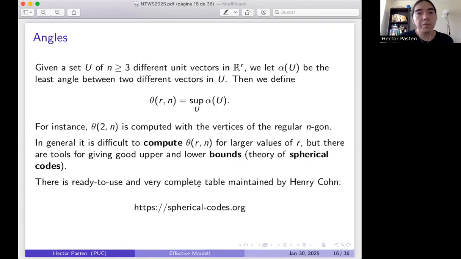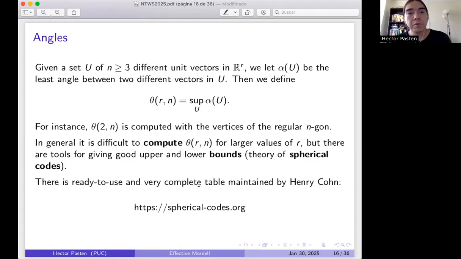So first, let me try to explain what enough automorphisms mean. And for this, I need to say a little bit about angles in real vector spaces. Given a set of n different unit vectors in R^r, in the real numbers to the power r, alpha is going to be the least angle between two different vectors in this set.